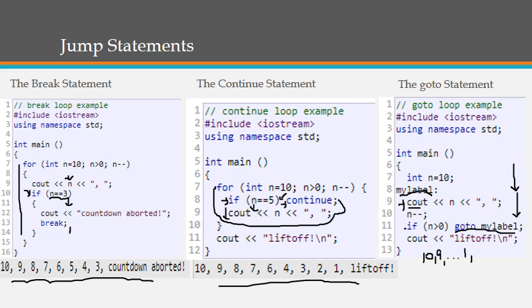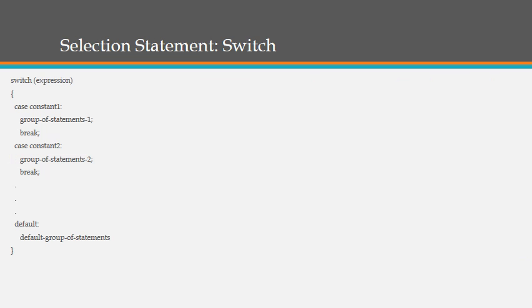So then it continues, and then it will print liftoff. Goto statements are not really used nowadays, as far as I know, but it's there for you to use.